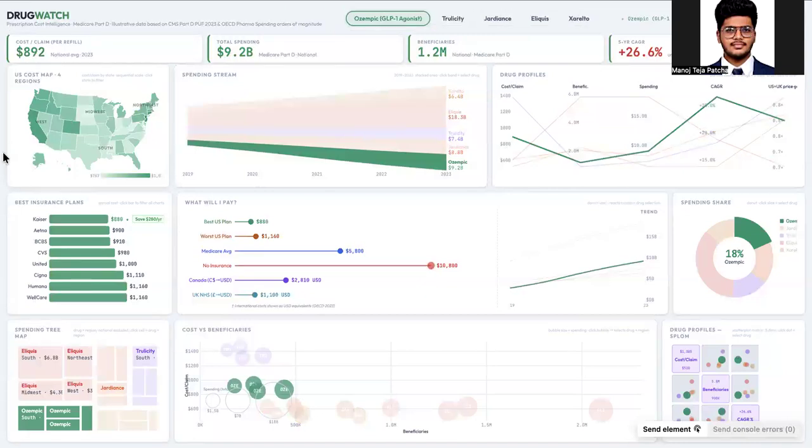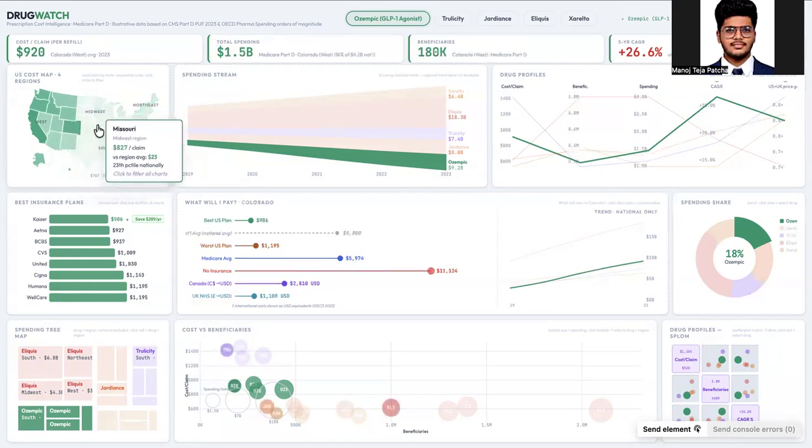This is the US cost map. This choropleth map shows cost per claim by state using a sequential color scale. As you already know, the higher the intensity of the color, the higher the cost, and the lower the intensity of the color, the lower the cost of the state region.